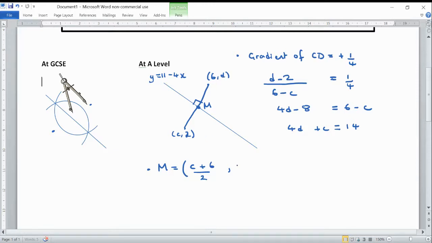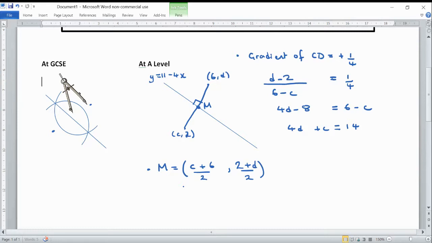So it must be the mean, 2 plus d over 2. So they're the coordinates of the midpoint. If the straight line goes through the midpoint, then when x is c add 6 over 2, if I plug that into the equation for the straight line, it should give me the y-coordinate 2 add d over 2. This point should satisfy, should work in the equation of this straight line.